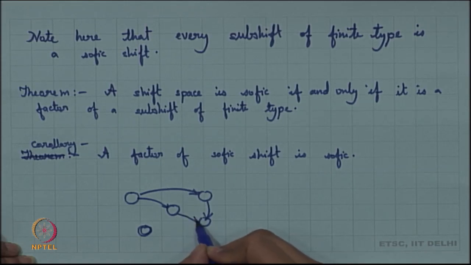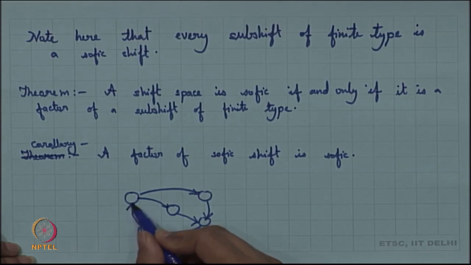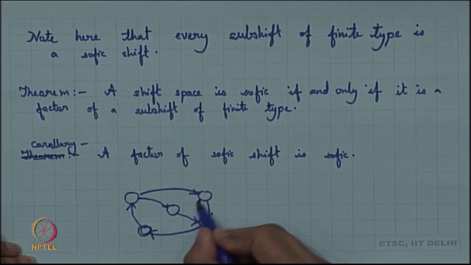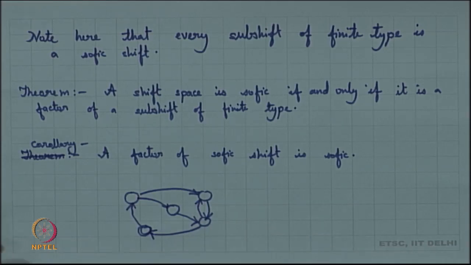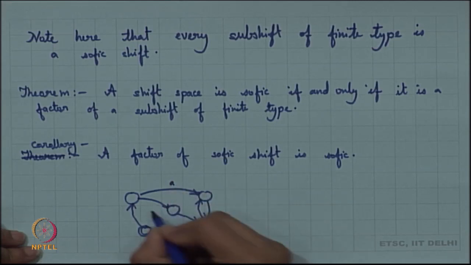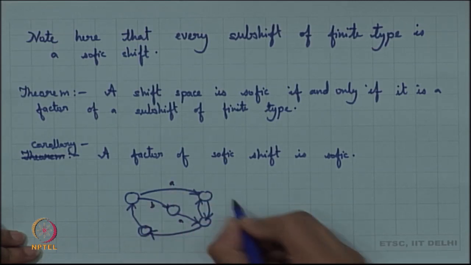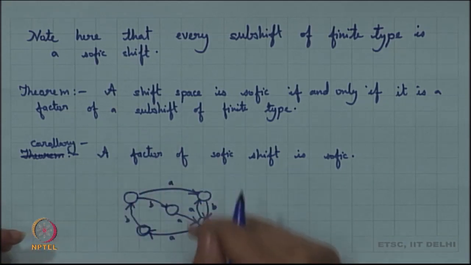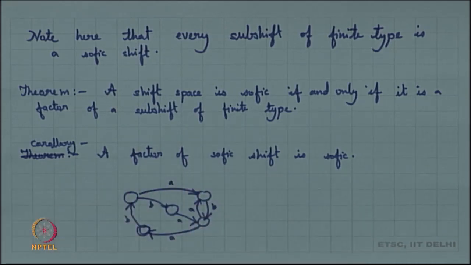I could have an edge going from here to here, and it is possible to go from here back to here. Now, if you look into this particular graph, I always have a label. So, I am labeling here A, B, it could be A here again, B, A. I have A here and I have B here. So, we have just some kind of a labeling of this graph.